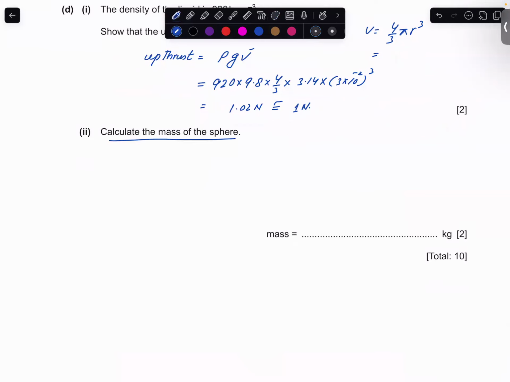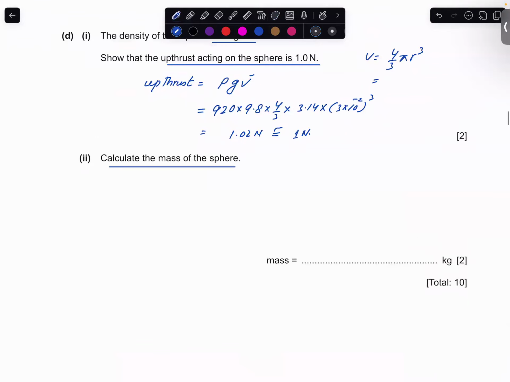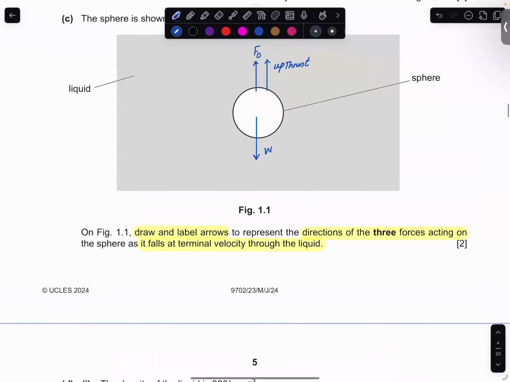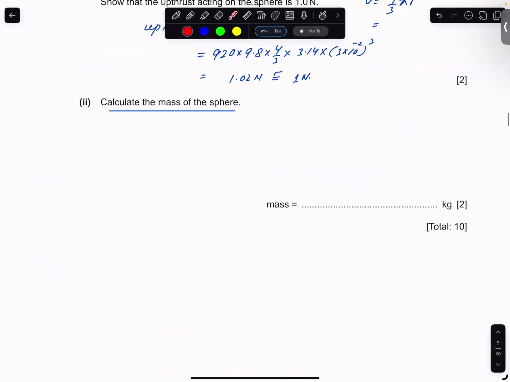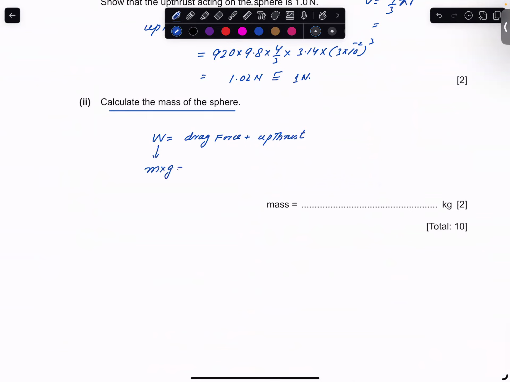Calculate the mass of the sphere. From this diagram, we can see that weight is downward and these two forces are upward. To find out the mass of the body, I will use the equation that the weight of the body will be equal to the drag force plus upthrust force. Weight will be equal to mass multiplied by gravity.